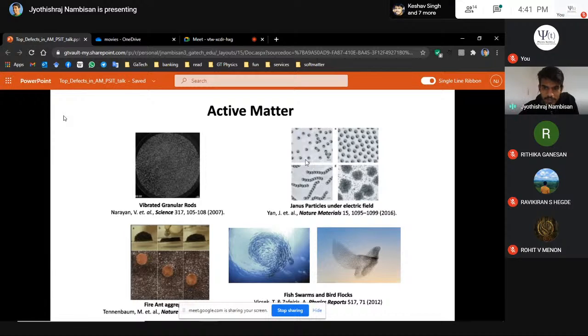So this is the same system behaving under an electric field, but not driven. The electric field is not driving the particles in one direction, but they are able to self-assemble into different structures based on the fact that they are active.